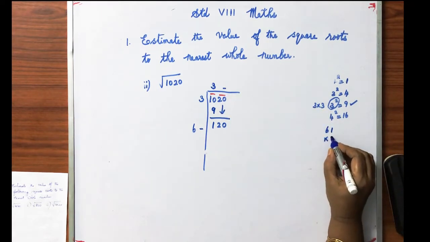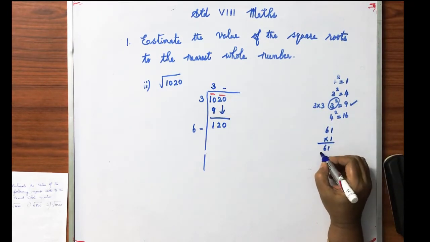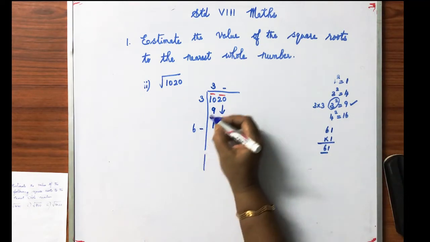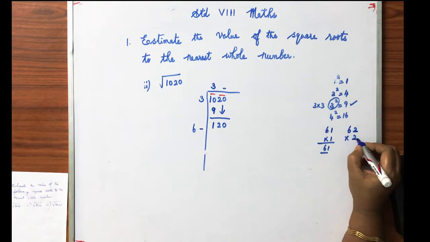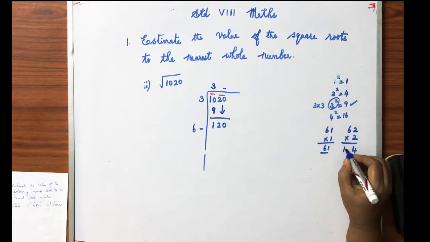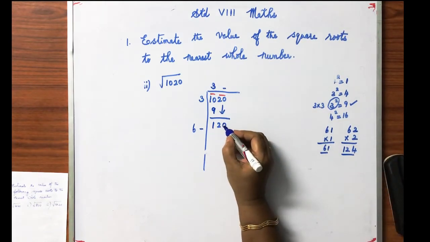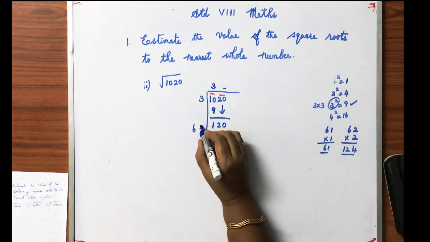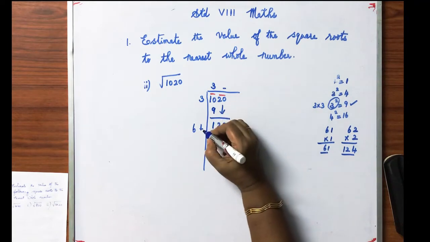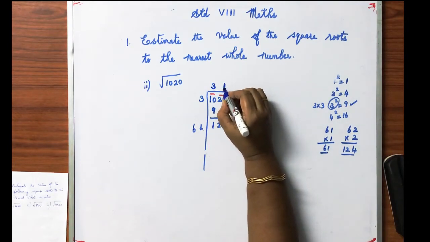So 61 into 1 is 61. Now if you write 2 here, on the top also we should write 2. So 62 into 2, 2 2s are 4, 6 2s are 12. This number is bigger than 120. So which number is suitable here? 1. So 1 in the divisor place and 1 on the top.